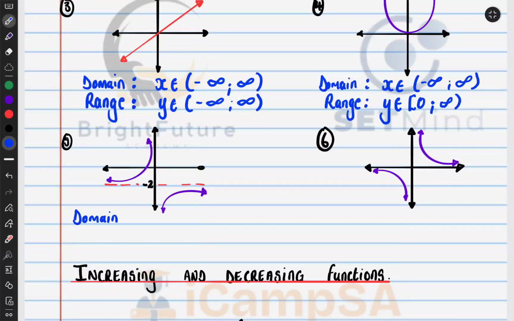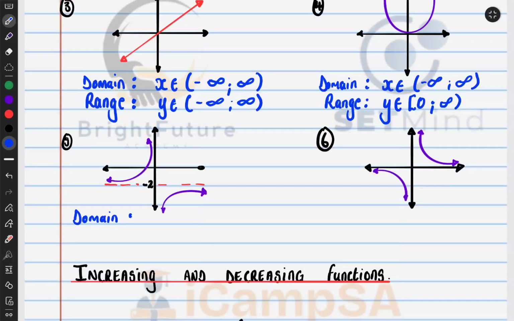The domain, look at the function, it goes all the way, and then at 0 the function does not exist. It doesn't touch the level where x is equal to 0, and then we jump, the function starts existing again, and continues all the way up to positive infinity.